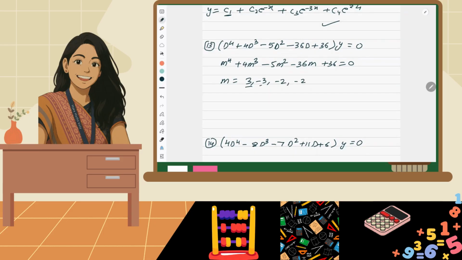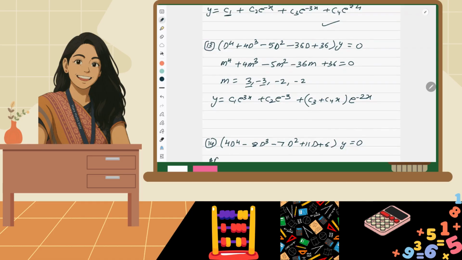So what is the answer? These two are distinct roots. So y is equal to c1 e to the power 3x plus c2 e to the power minus 3x plus (c3 plus c4x) e to the power minus 2x. Right? So this is your complementary function and the answer, because it is a homogeneous equation.